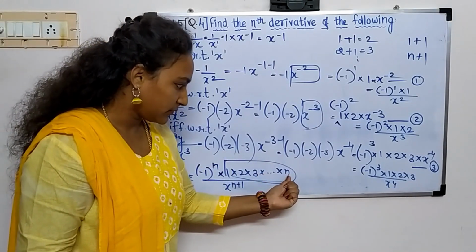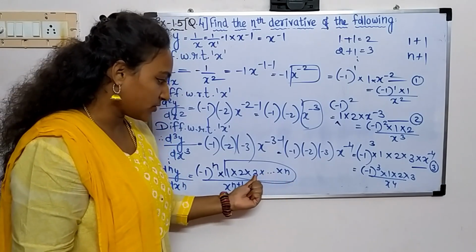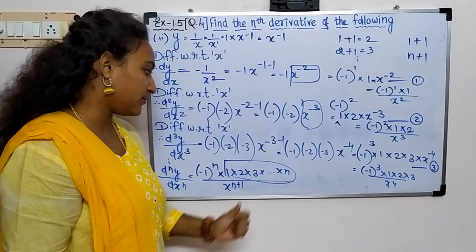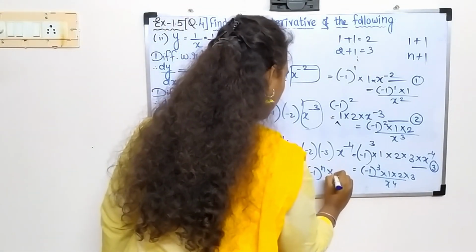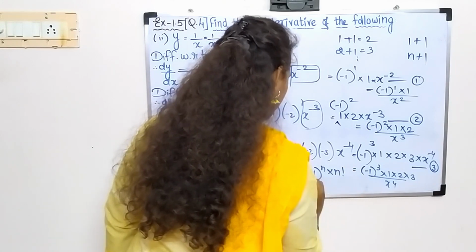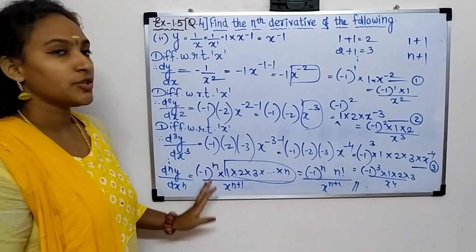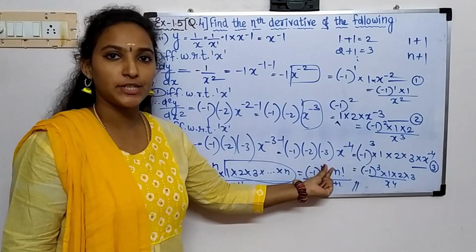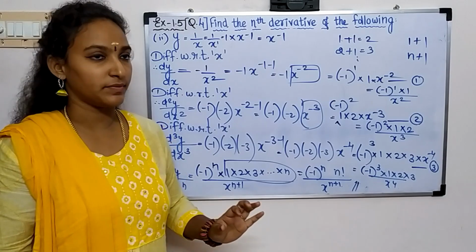See, we are starting with n, here it will be n minus 1, and so on, 3 to 1. So this is n factorial. So the solution is minus 1 raised to n, n factorial upon x raised to n plus 1.